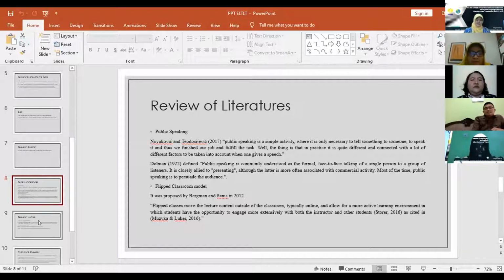And also the flipped classroom model, it was proposed by Bergman and Sams in 2012 in the mathematics class. This is the opposite teaching model from the traditional model into the flipped model, whereas the teacher gives the material first to the students 2 days or 3 days before.